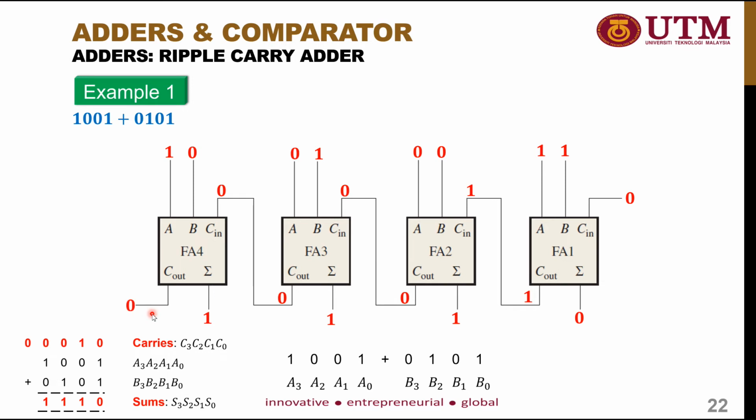So from this operation, you will get the final answer of 1, 1, 1, 0, which consists of 4 bits of output.